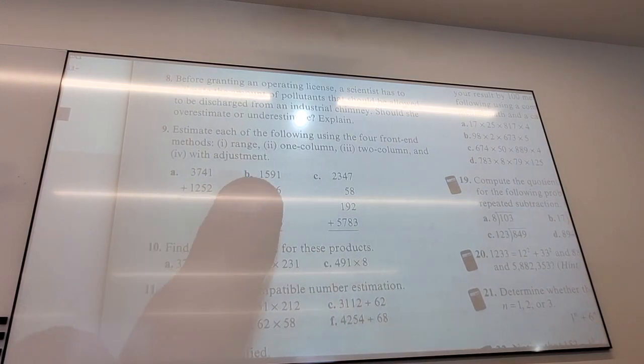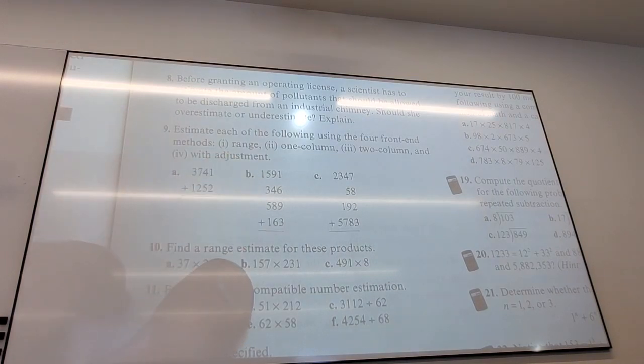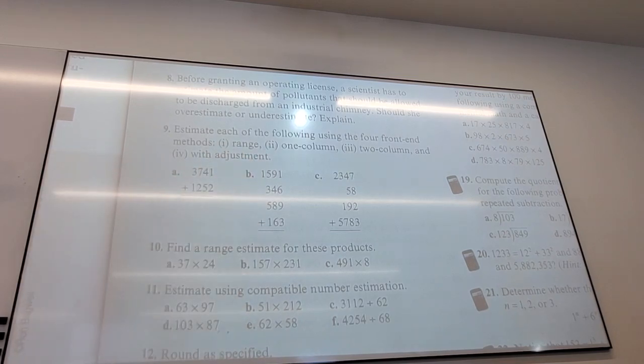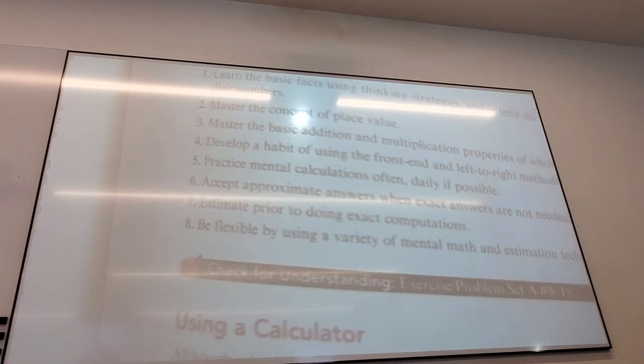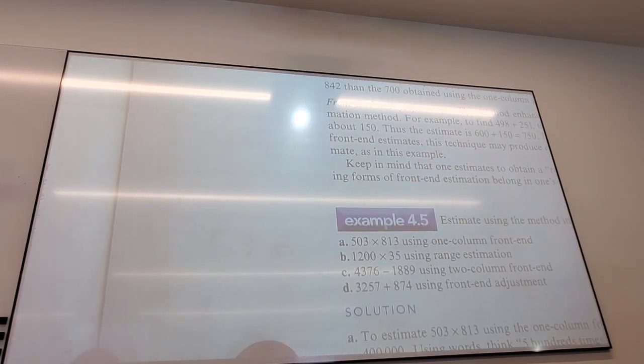Front end for this one would be a little weird because it would literally be 1,000, because you only look at the first column, right? Let me see if they gave us an example just to show you. They didn't really give us a lot of examples here.